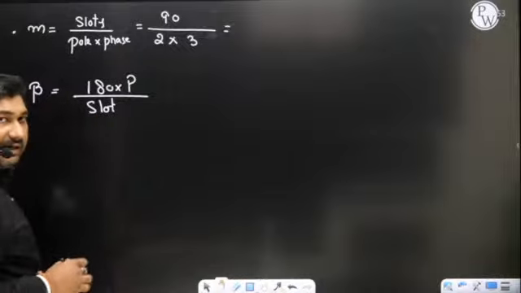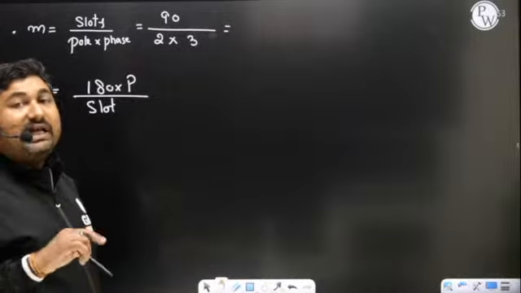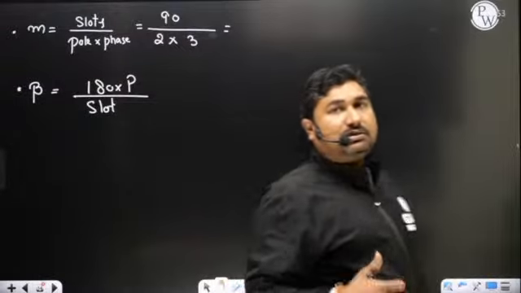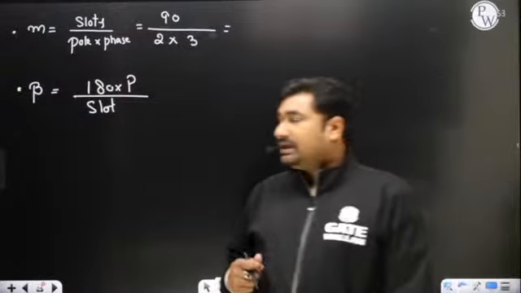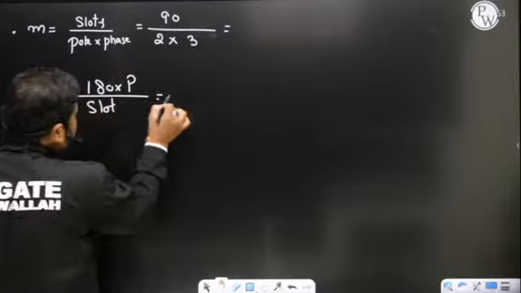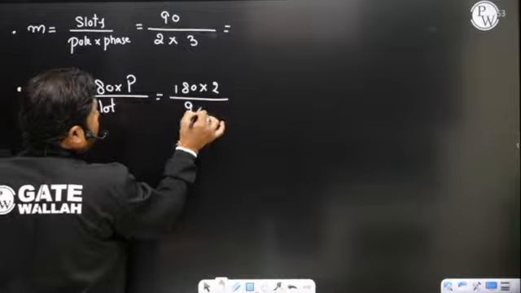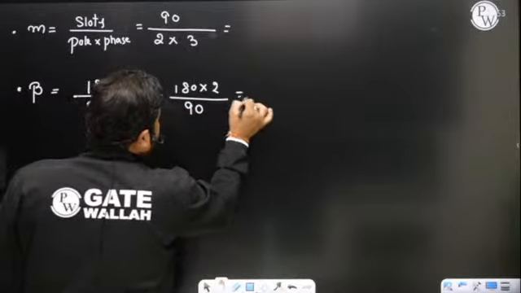What is slot angle? Displacement of one slot with another slot, or the angular distance from the center of one slot to the center of another slot. So this will be 180 into pole, which is 2, over the number of slots, which is 90.